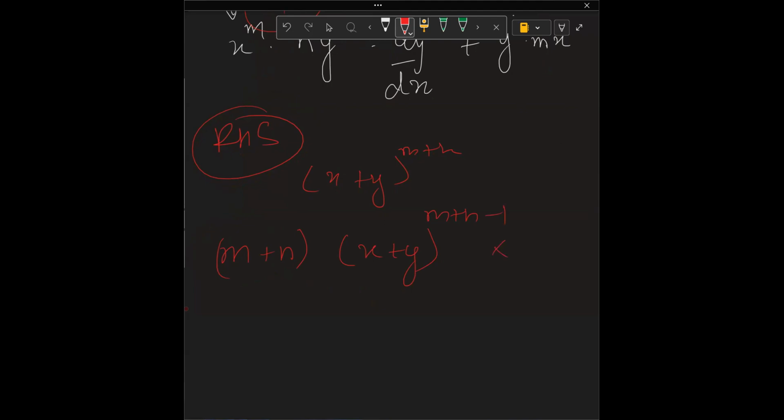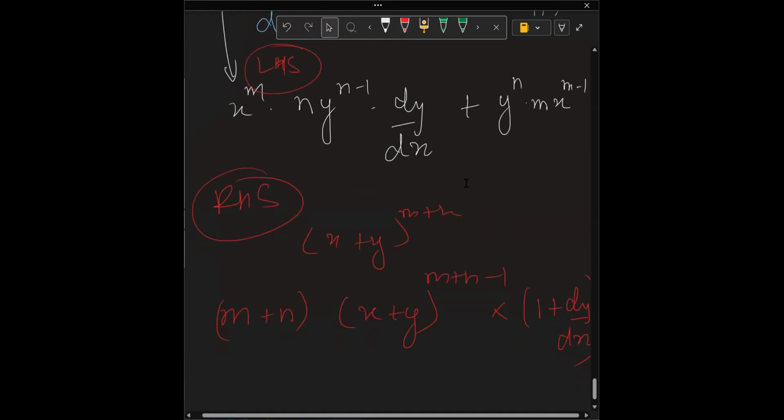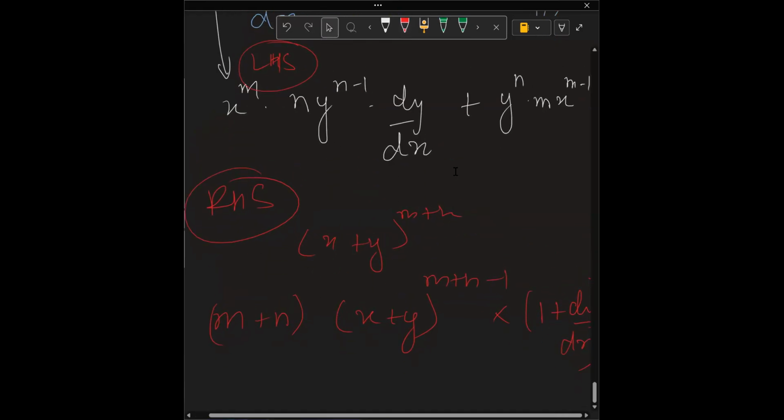And the differentiation of this x plus y function as well, because we have to use the chain rule. So x का तो 1 होगा और y का dy by dx होगा. All right, so just equate both the equations. Let's see what we are getting.